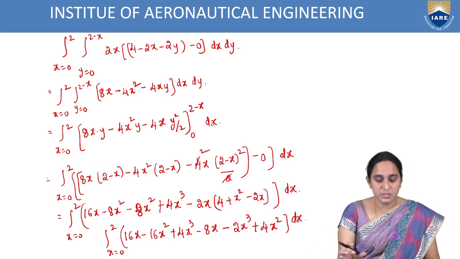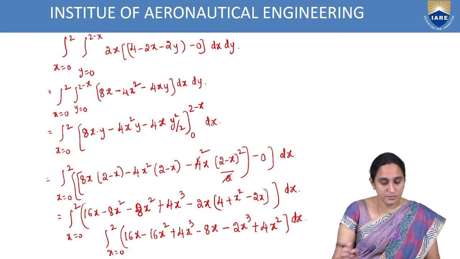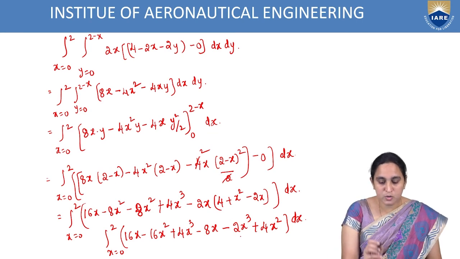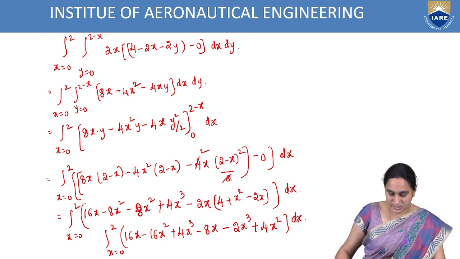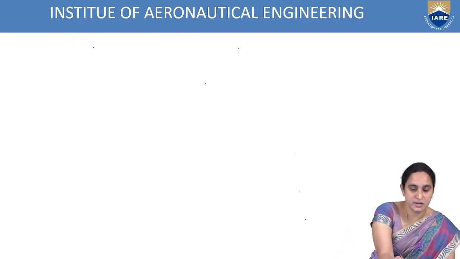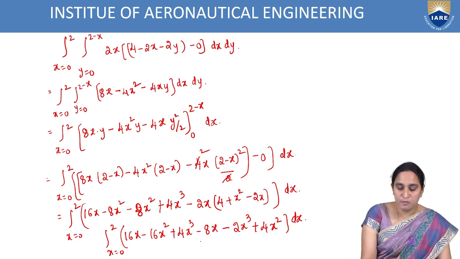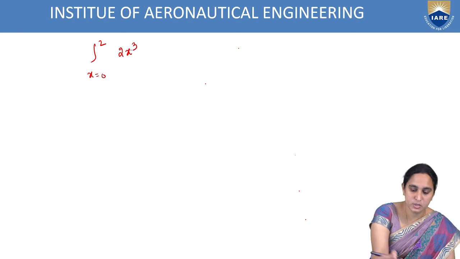Next step, once you see after substituting the y limit points, the function is completely converted in terms of x. Now whatever the x cube terms, 4x cube minus 2x cube, that is 2x cube.